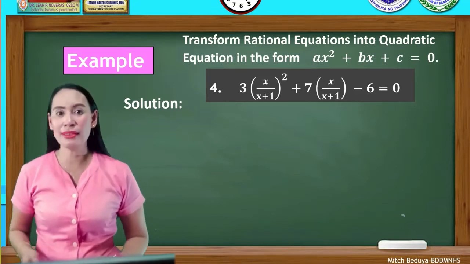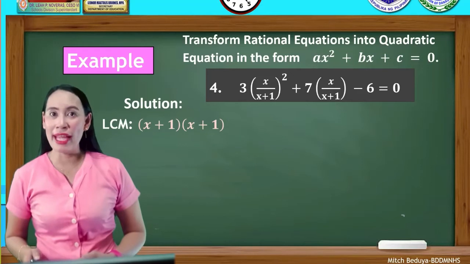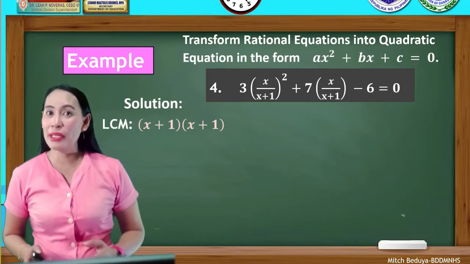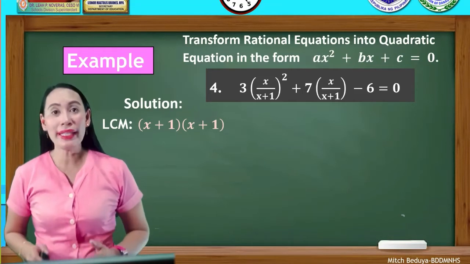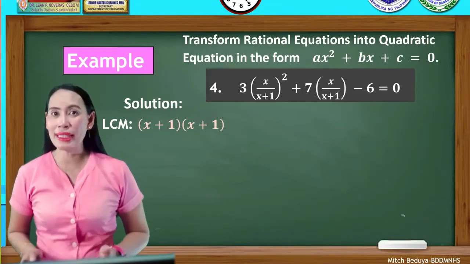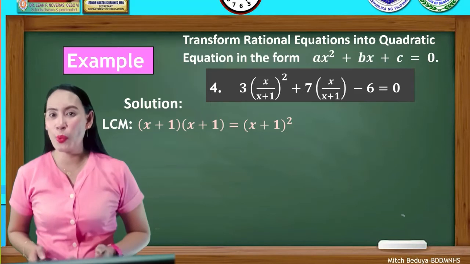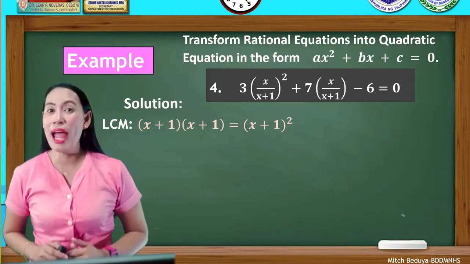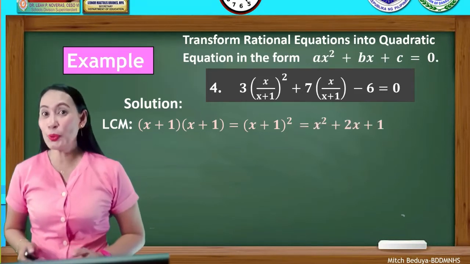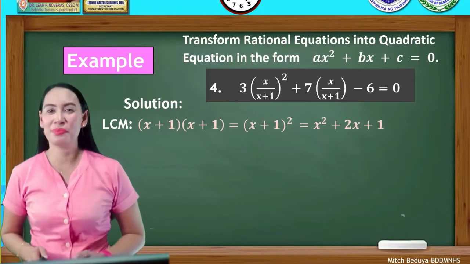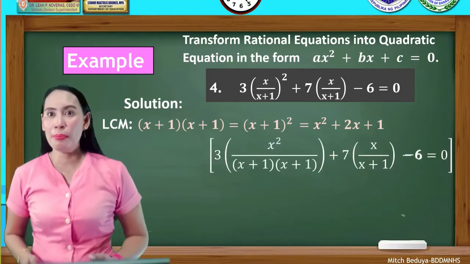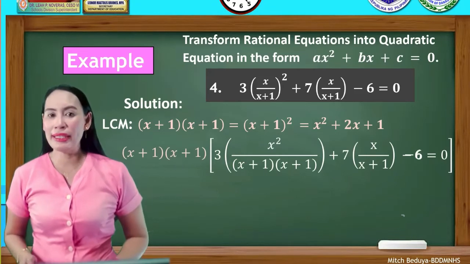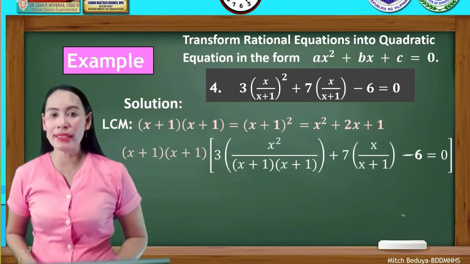The LCM is the quantity x plus 1 times the quantity x plus 1, or equal to the quantity x plus 1 squared. So, that is equal to x squared plus 2x plus 1. Then multiply both sides of the equation by the quantity x plus 1 times the quantity x plus 1.